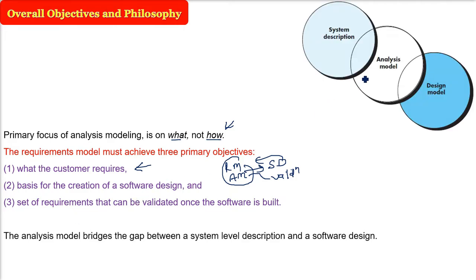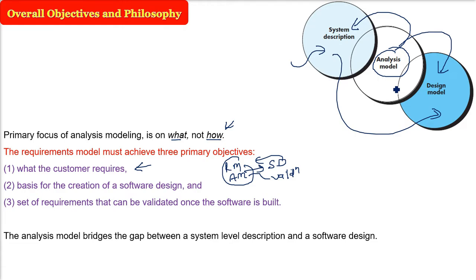Now you see here, this analysis model is actually a bridge. It fills a gap between the system level description and the software design. That is, when you describe the proper system things and you go to the design, you cannot directly jump from what you have got from the user to the design model.